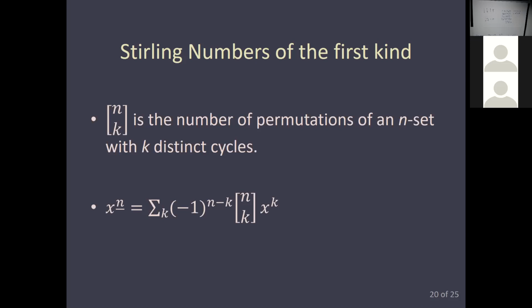The other notation for the Stirling numbers here is a lowercase c of n comma k. That's c for cycle. There's also a lowercase s of n comma k, which is when we include the -1 to the n minus k with our Stirling number. And they do different things in those cases.